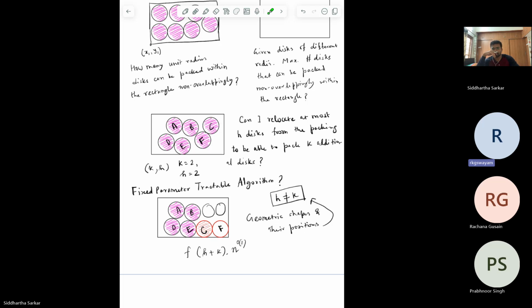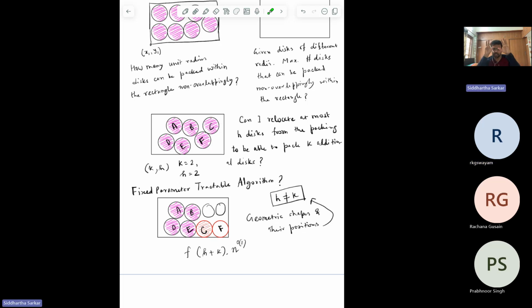I would write the remaining area in terms of pi r square, say t into pi r square, where the radius is 1. Then I divide the remaining space by the value of pi. So potentially these many disks can be included.